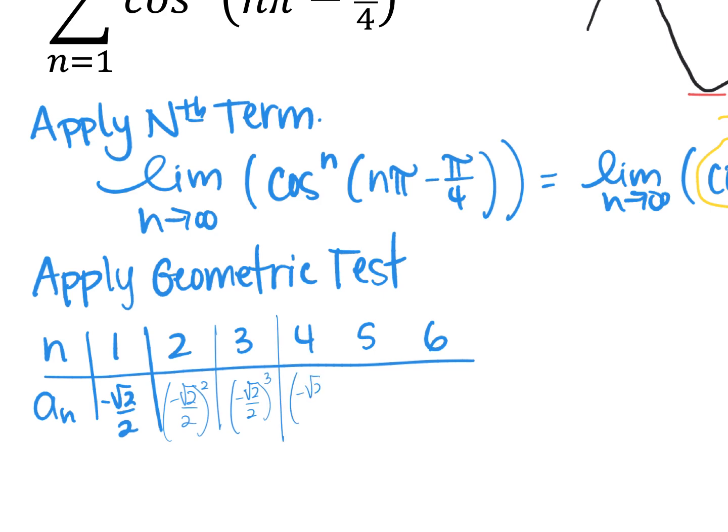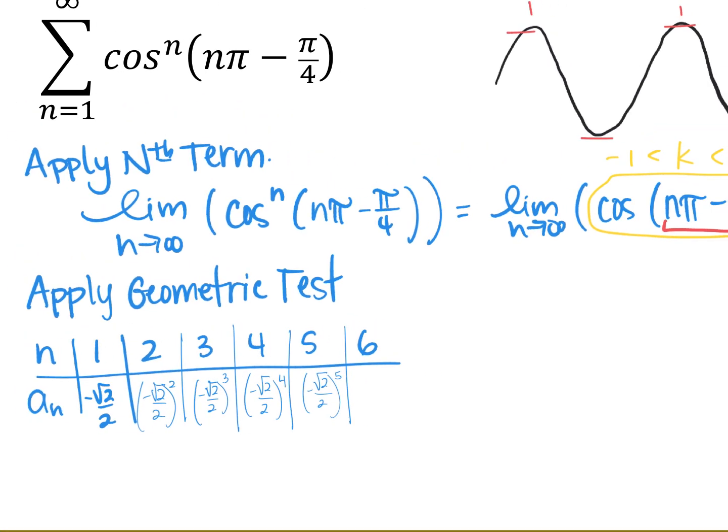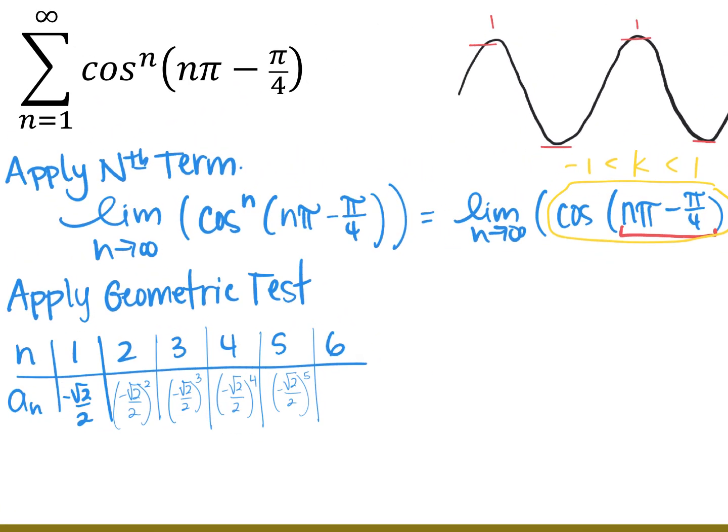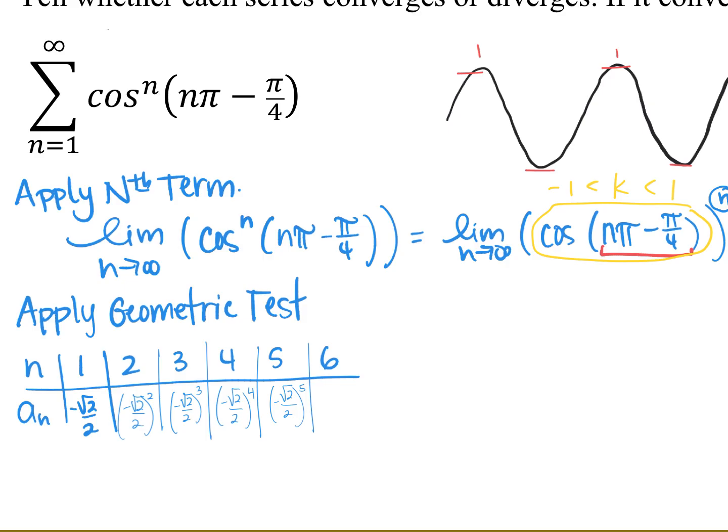And as you proceed through, I can totally see that the pattern here is emerging. And as for r, each term appears to just be multiplied by rad 2 over 2. So the r value is negative rad 2 over 2. That's the multiplier that is moving from one term to the next.